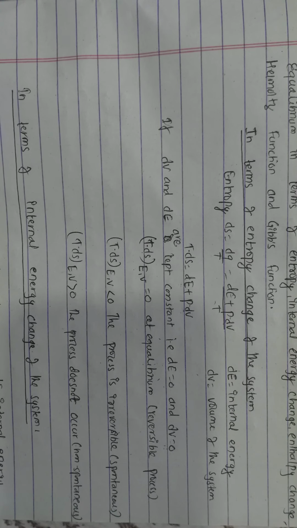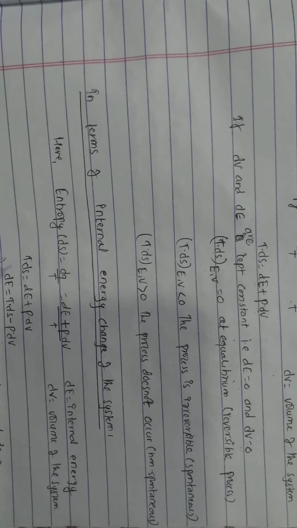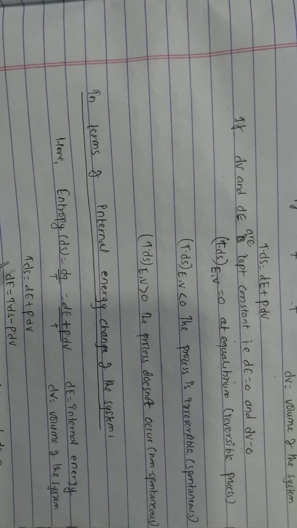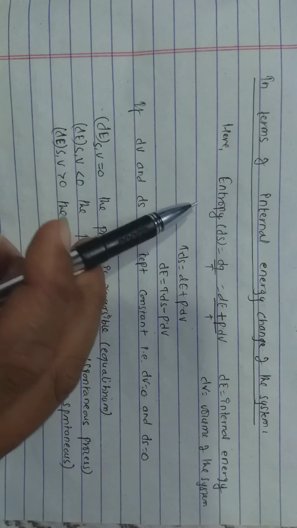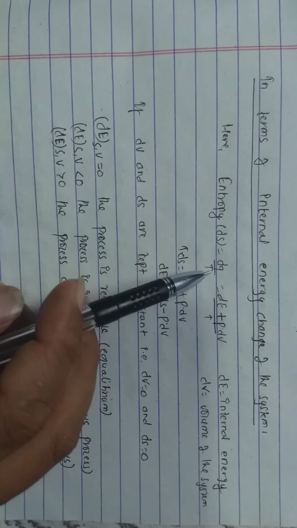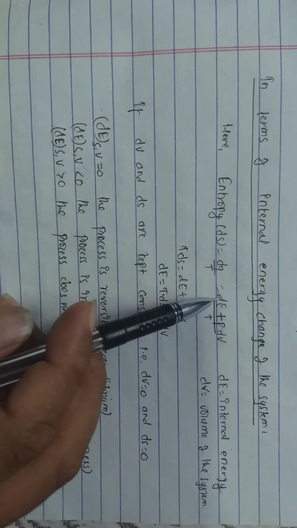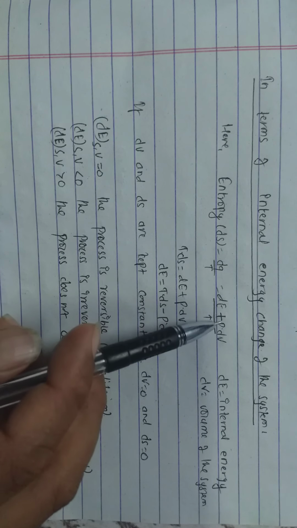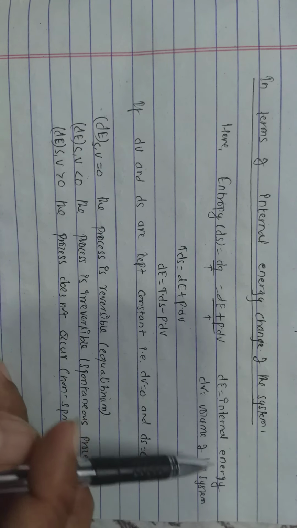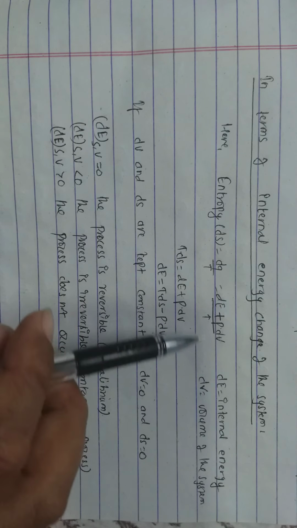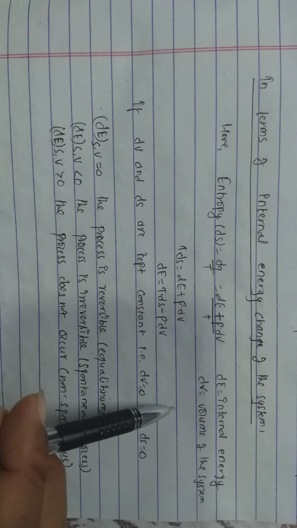The process is non-spontaneous. Now, in terms of internal energy change of the system, entropy dS is equal to dq by T, a similar case, where dq is equal to dE plus P dV by T. dE is the internal energy, dV is the volume of the system, T is the temperature, and P is the pressure.